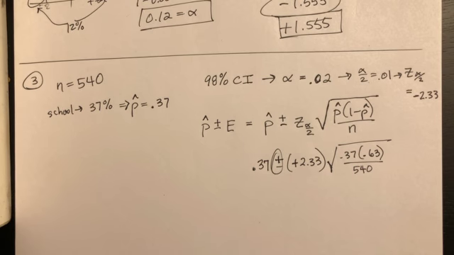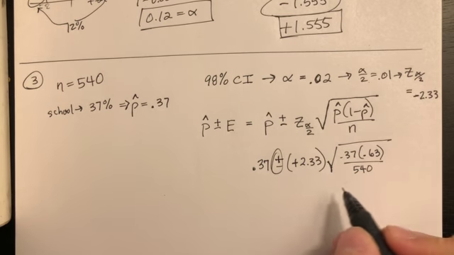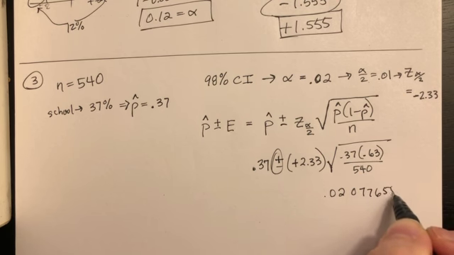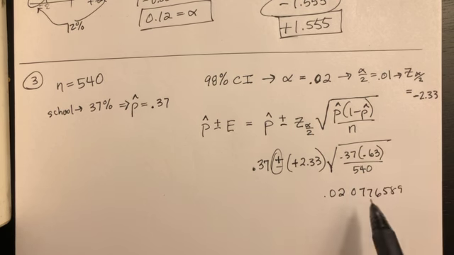Square root, parentheses, 0.37 times 0.63 divided by 540, close parentheses. And that is 0.020776589. We're going to multiply that number times 2.33. So equals, and then times 2.33.